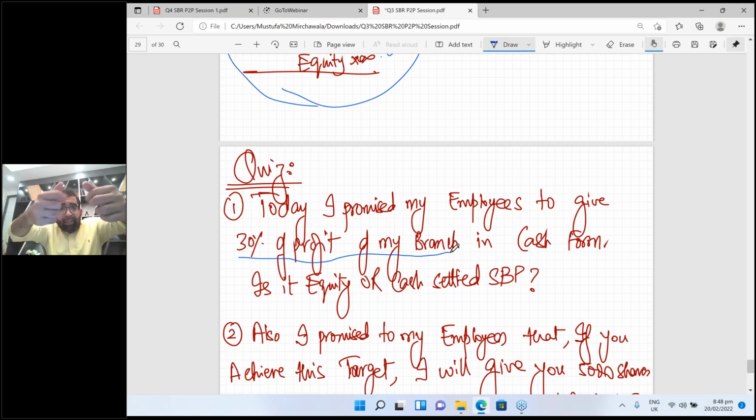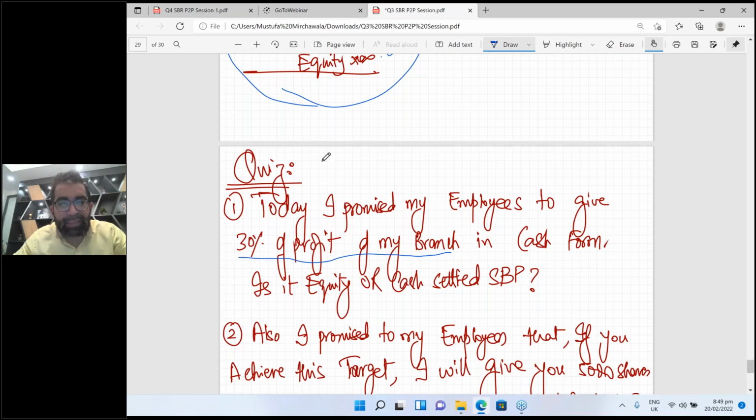Look at here, in the form of cash. Repeat. Today I promised my employees, if they stay 3 years with me, then I will give them 30% profits of my branch or my company in the form of cash.